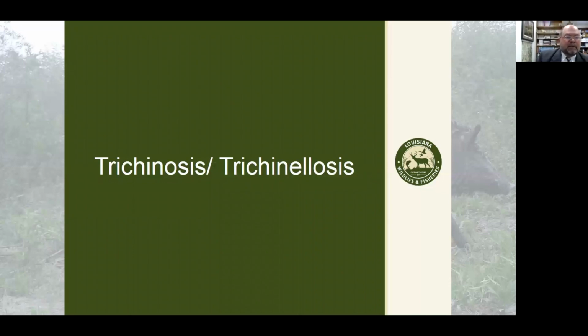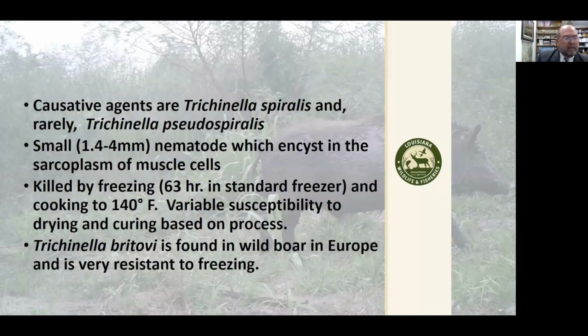Trichinosis. When I was a kid, whenever my mother cooked any sort of pork, whether it was ham or ribs or whatever, she boiled it first and then she cooked it however she was going to cook it. And that was due to this organism predominantly. That was trichinosis. Trichinella spiralis is the primary organism.